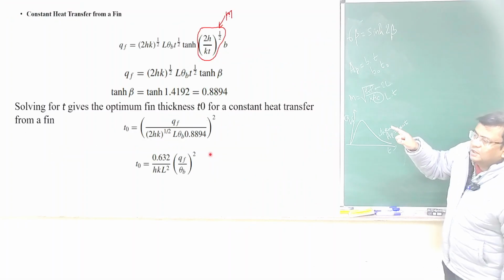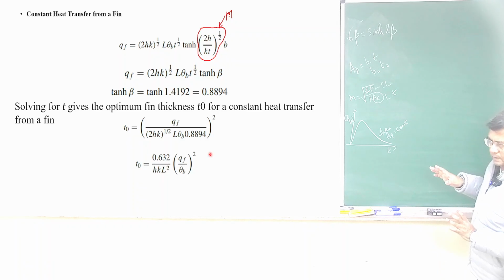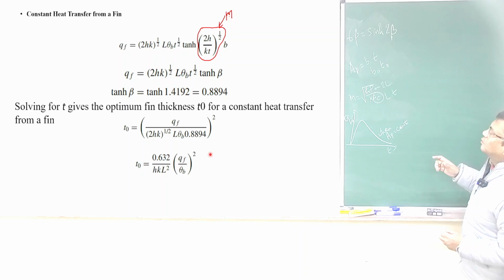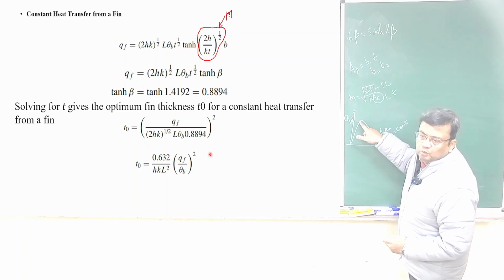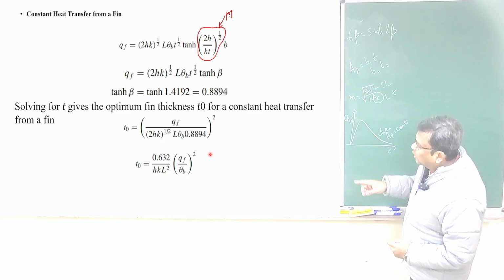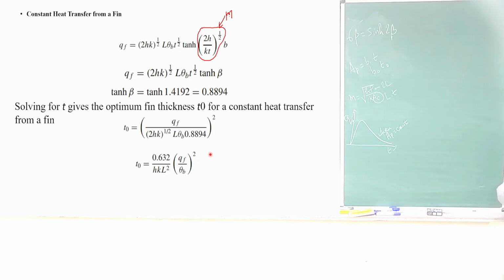But in this particular case, we are thinking about, okay, that AP situation, optimization with some AP, but we are also thinking of, if we provide the value of QF, if you want a certain value of QF, then what should be the dimensions of the fin? If we think about a given value of QF, how do we get the optimized fin dimensions?